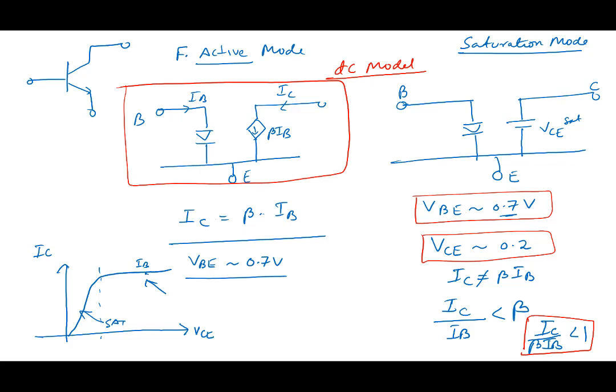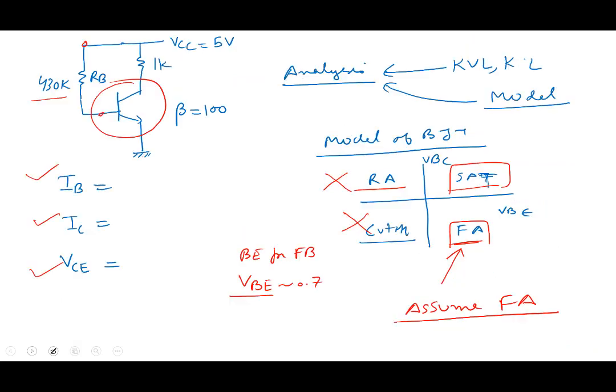Substitute this particular model in the circuit and then solve the circuit. So take the transistor out, substitute the model, solve the circuit, and get the values of IB, IC, and VCE.